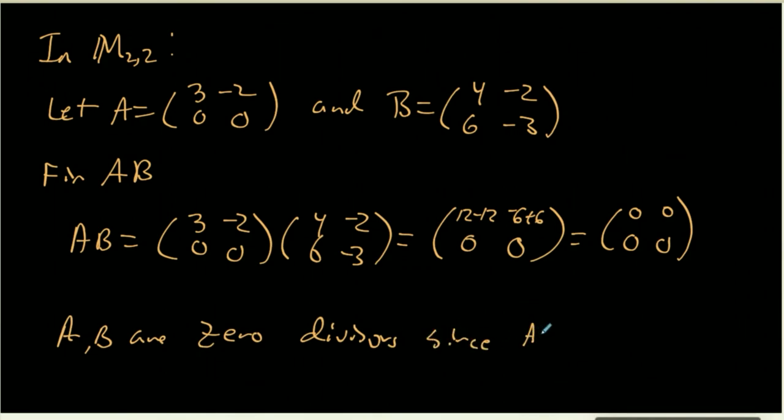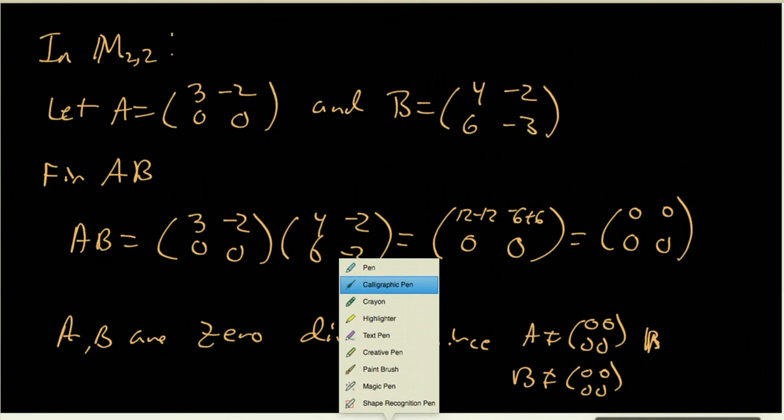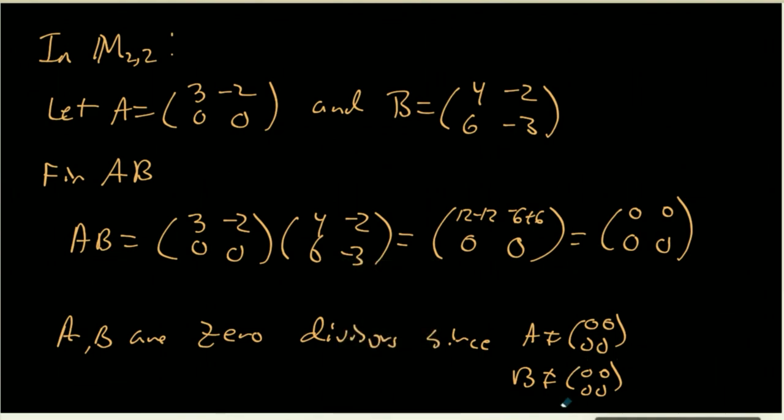Since A is not the zero matrix, B is not the zero matrix, but AB is the zero matrix.